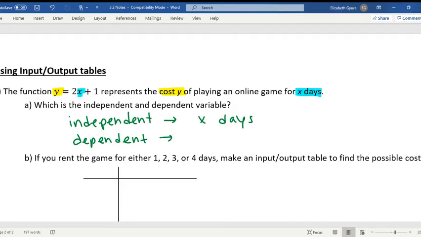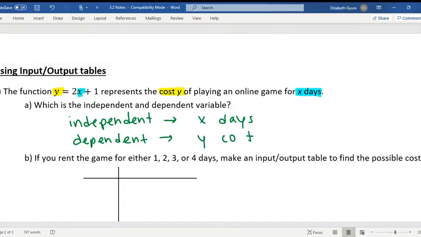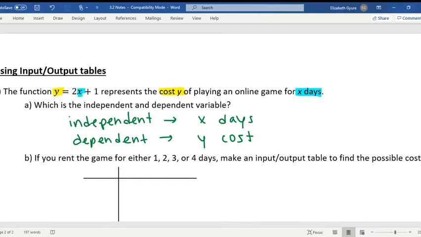Cost, because doesn't the cost change depending on the number of days, right? It depends on the number of days. So that would be Y, which is the cost. All right. Except my S does not look like an S. There we go. That's a little better.